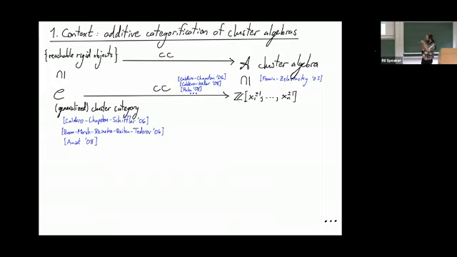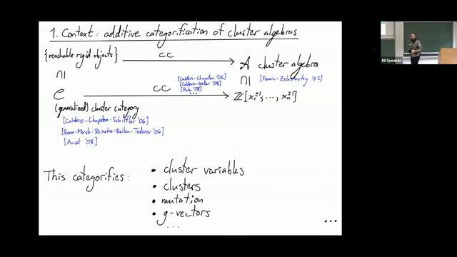So this is the motivation for what I'm going to talk about, even though this picture will not really occur during my talk again. And this picture is good because it's a good categorification of a lot of the information in the cluster algebra. So it categorifies cluster variables: indecomposable, reachable, rigid objects are sent to cluster variables.